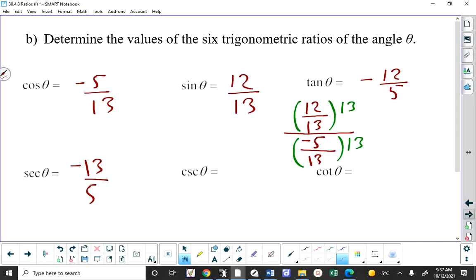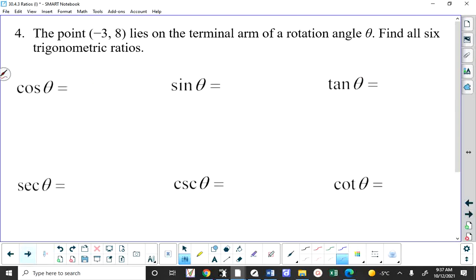Well, it's the reciprocal of sine, which would be 13 over 12. And what's the cotangent? It's the reciprocal of tangent, which is negative 5/12. Questions with that one? These are really simple if you know all of this.